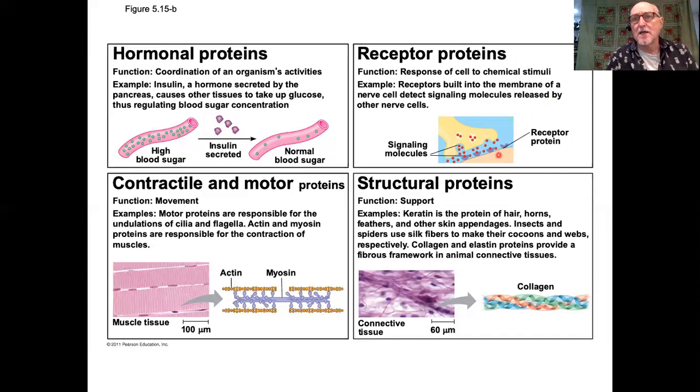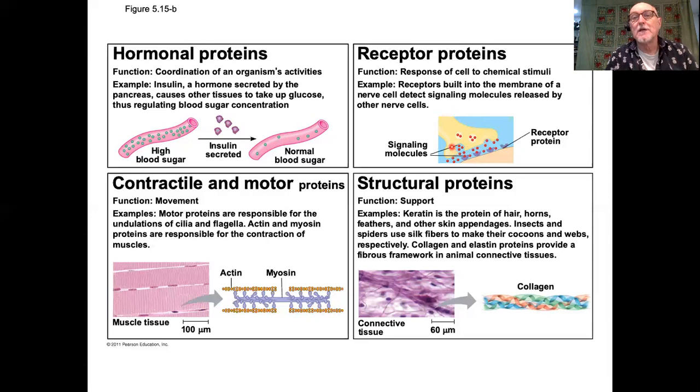And here's a classic example of a receptor protein. These are receptor proteins embedded in the membrane. Let's just say of a muscle cell, okay? And when that muscle cell is signaled to contract, for example, a nerve impulse is generated, and the nerve impulse reaches the end of the nerve next to the muscle.